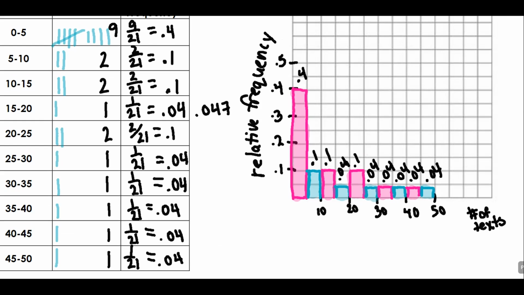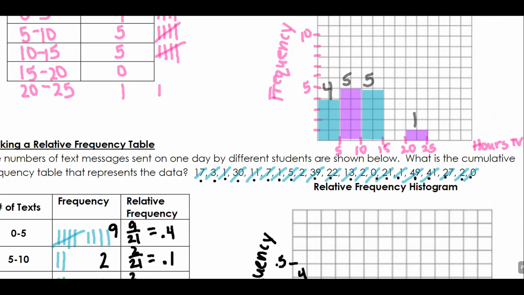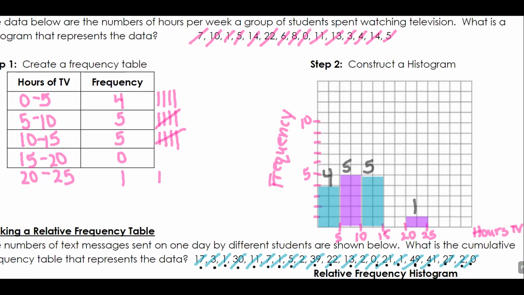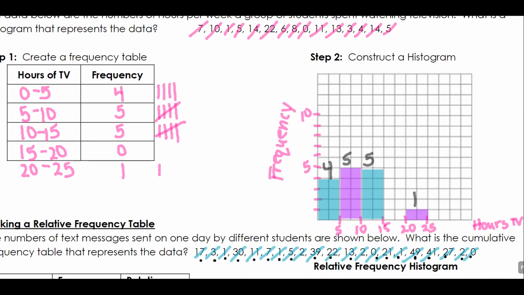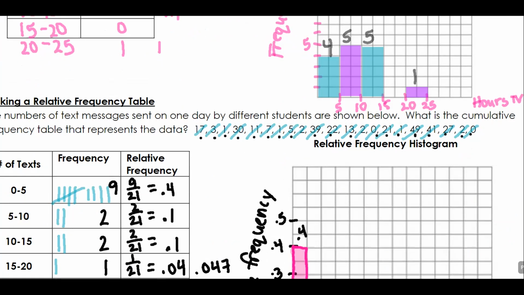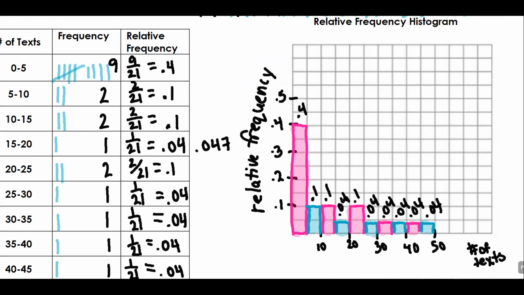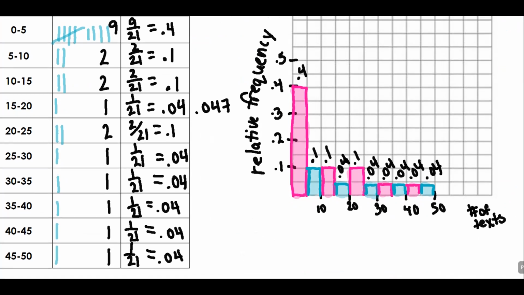So on our assignment today, you will be doing either a histogram where you are counting how many and doing bars up to that height using the bin they want, or you will be doing this relative frequency.